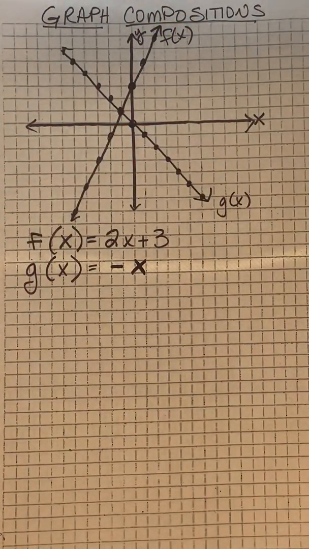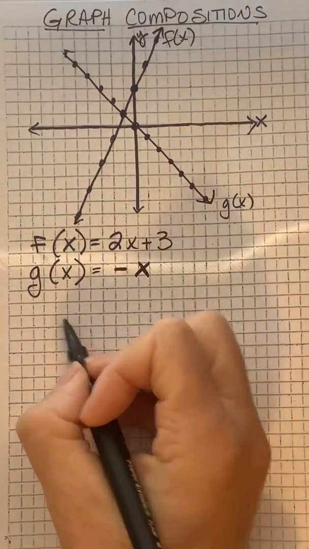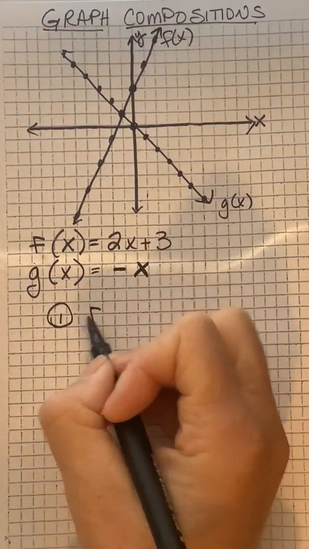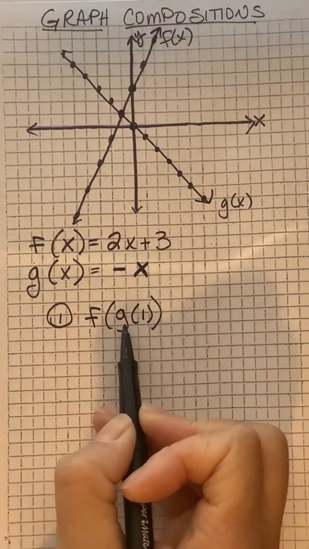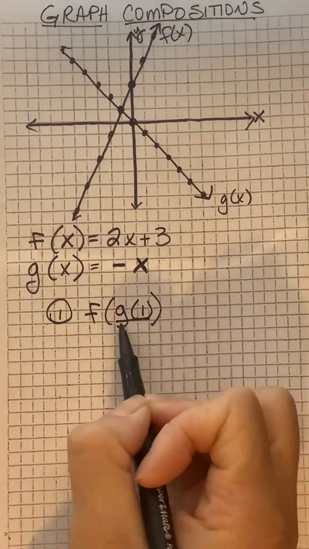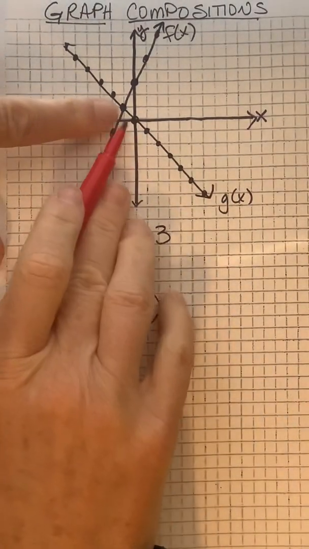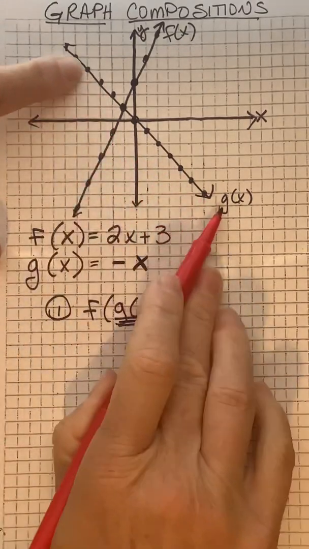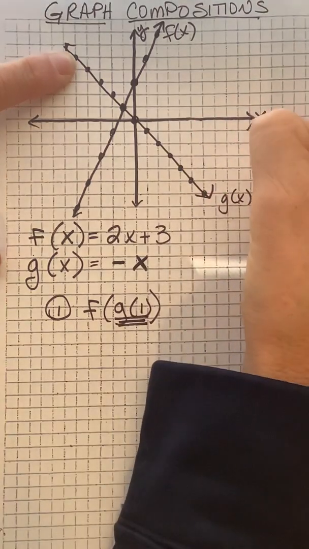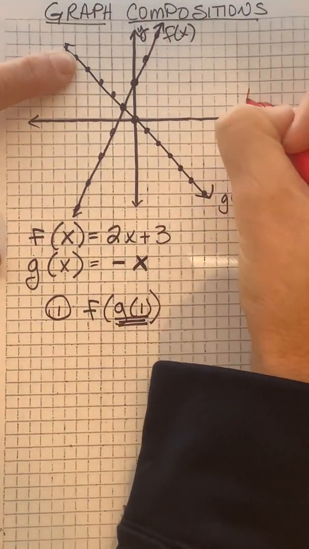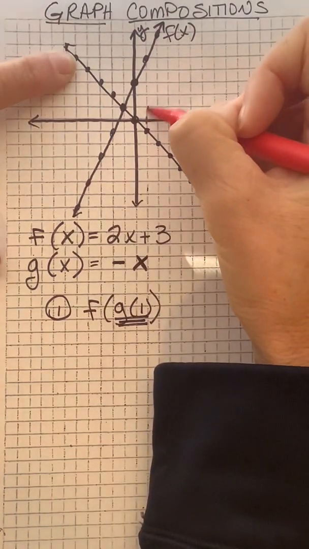All right, so the first one I want to find using our graph is f of g of 1. Okay, so same rules apply. Start on the inside. I'm going to find g, so my eyeball is going to the g of x function, input of 1. Well, this time, my inputs lie here on the x-axis. So I'm going to find an input of 1. There's my input of 1.